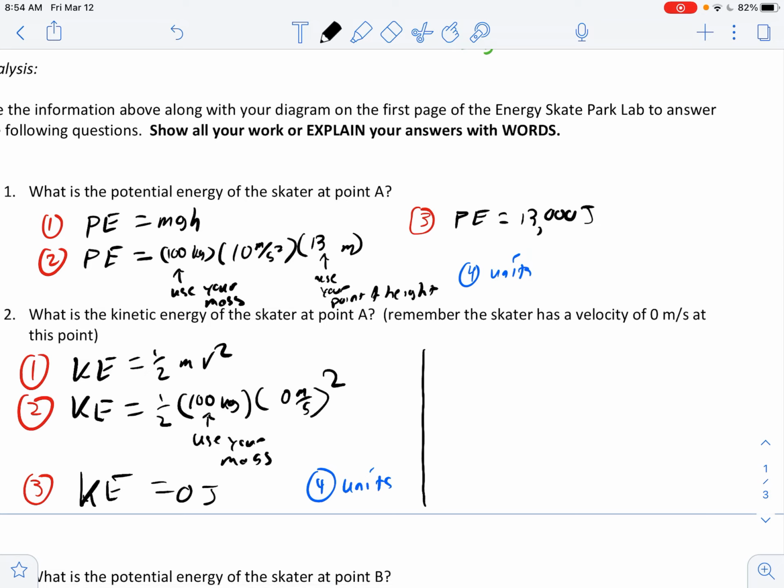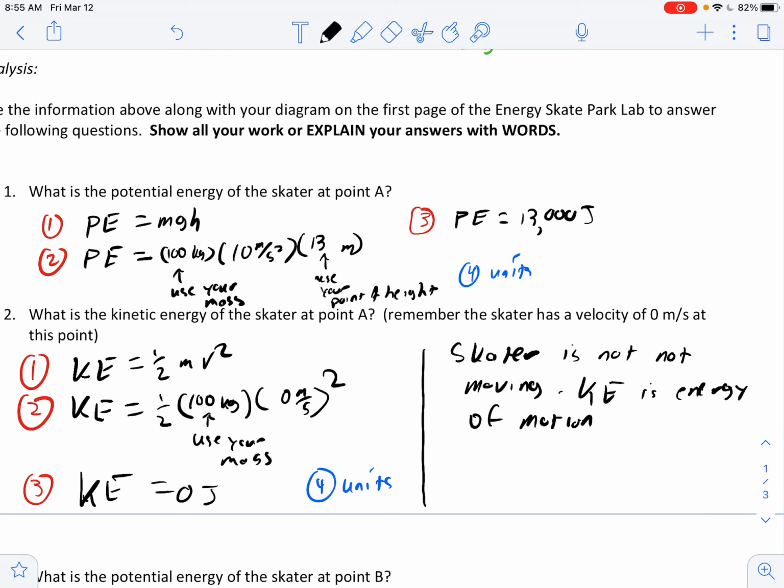So if you were going to formulate that argument, what you want to say is that the skater is not moving. Kinetic energy is energy of motion. No motion, no KE. Hence, kinetic energy is equal to 0 joules.